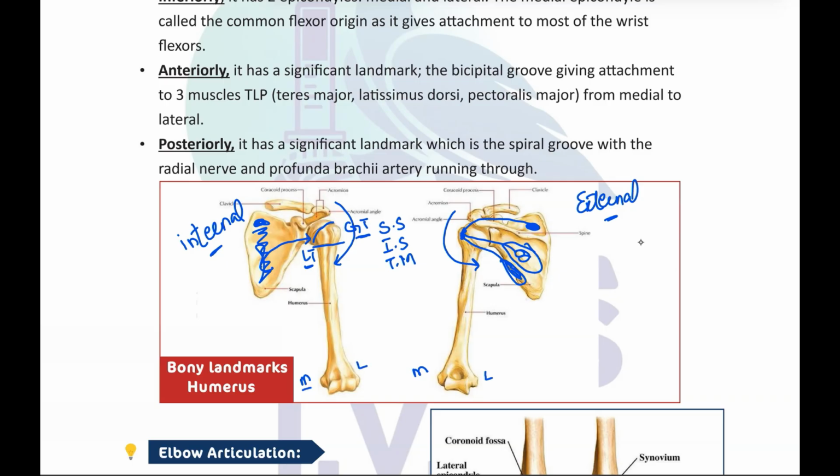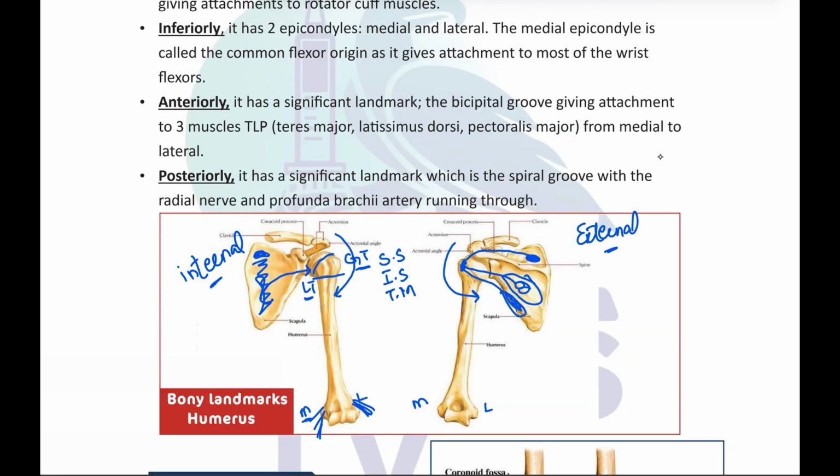So this medial epicondyle is the origin for the common flexor muscles and the lateral one is for the origin of the common extensor muscles. Now anteriorly, it has significant landmarks, the bicipital groove, which is this area, which you could appreciate over here. Now this is going to give attachment to a lot of muscles.